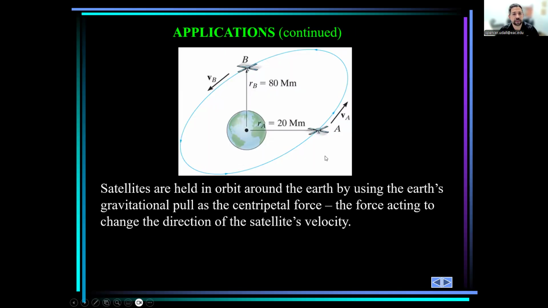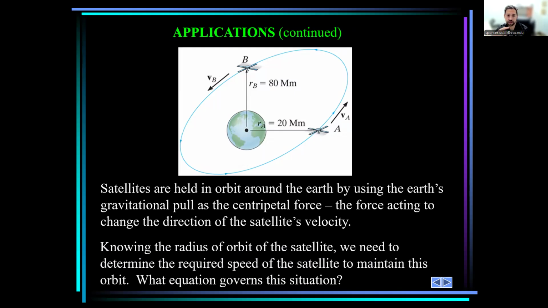So kind of interesting. Here's one last one. You could have something with a circular or maybe elliptical orbit that we could come up with a normal and a tangential acceleration. And that would be an interesting problem. We could determine what's the right speed to maintain a certain distance from the Earth.